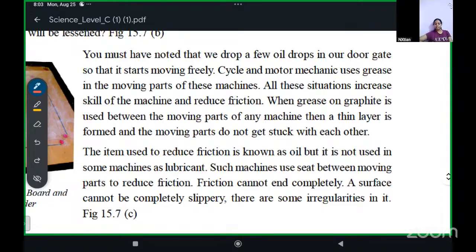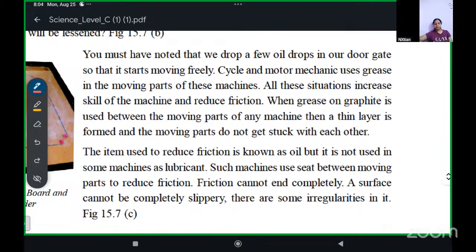When grease and graphite are used between the moving parts of any machine, a thin layer is formed and the moving parts do not get stuck with each other. That is why, when machines are not moving smoothly, they put oil in them, they do oiling. Doors also get oiled so that they can move easily and friction can be reduced.